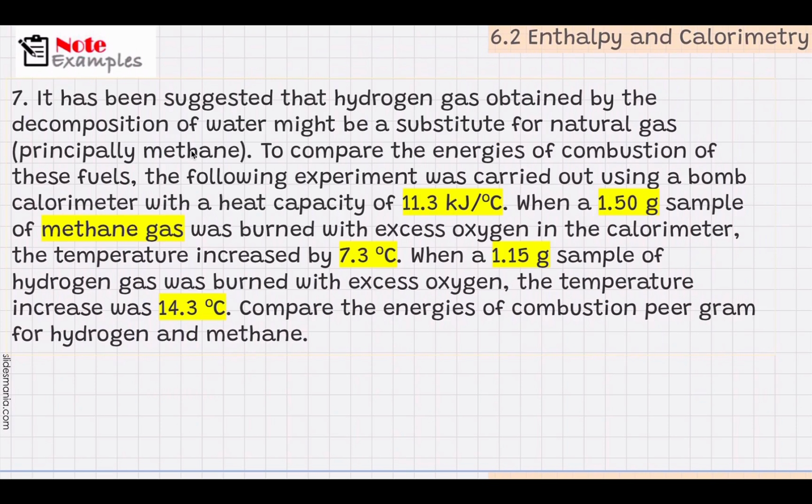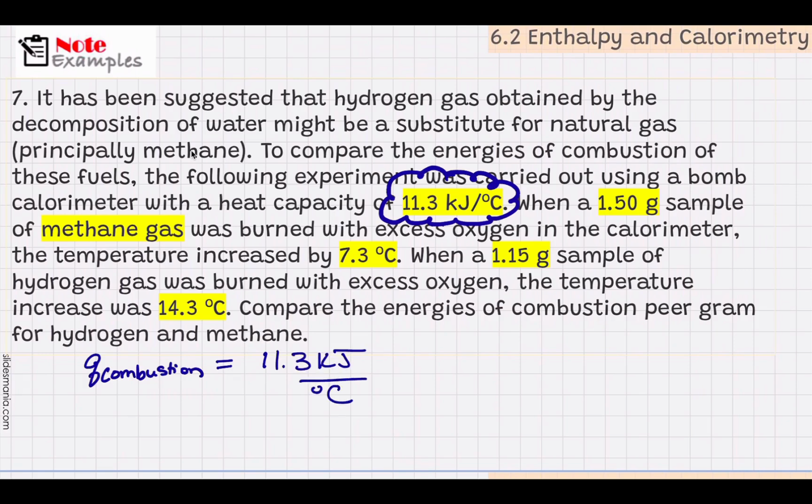This time we're given the heat capacity, not the specific heat capacity, but this is C. So if I want to know how much energy is released into the calorimeter from the methane, the amount of energy from the combustion of the methane is going to equal that heat capacity value times the temperature change that resulted from the methane, which was 7.3 degrees Celsius. So when I do that, I get 83 kilojoules.